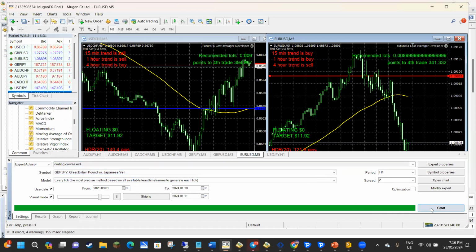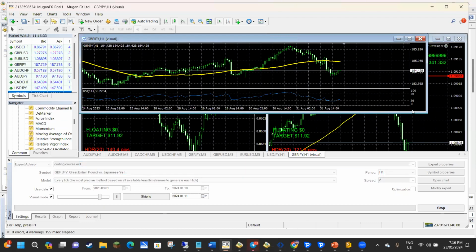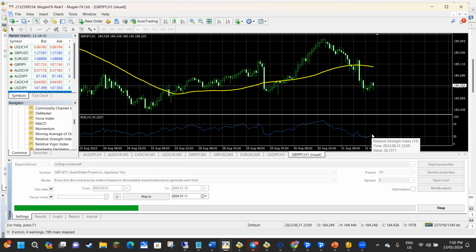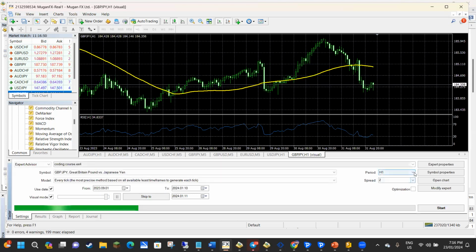Let me see if I've got, yeah. So all we're looking for is for this to go below 30 and then come back above, and it should take out a trade. I'll just jump down to a lower time frame so it all happens quicker.